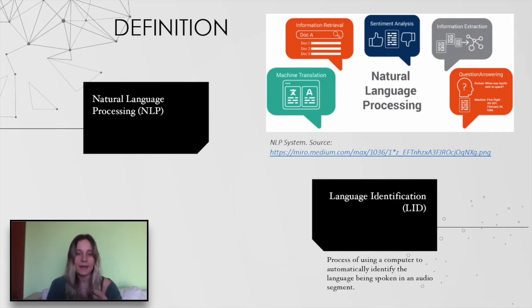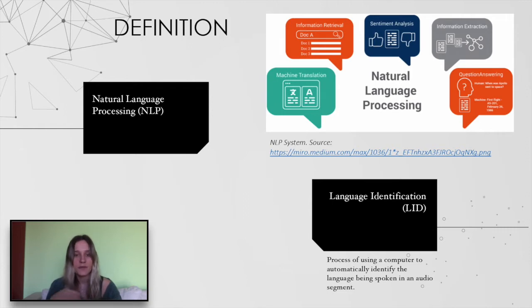And so to summarize all of this, we found a field which is called Natural Language Processing, NLP for short, which studies how computers analyze and process data referred to human languages.